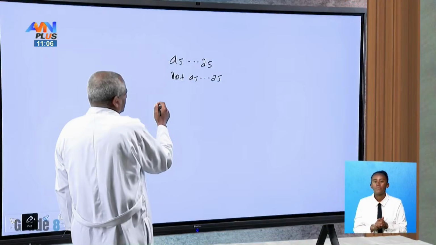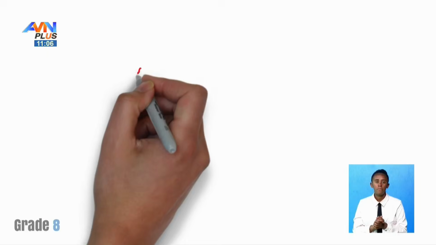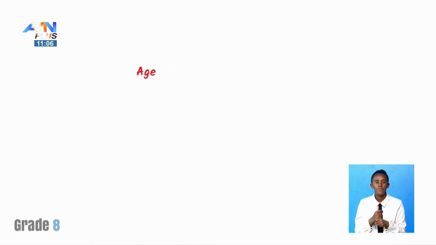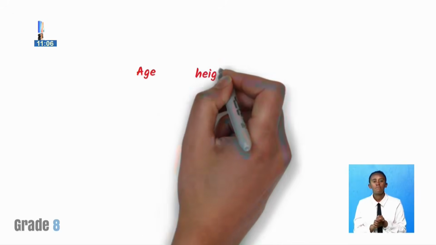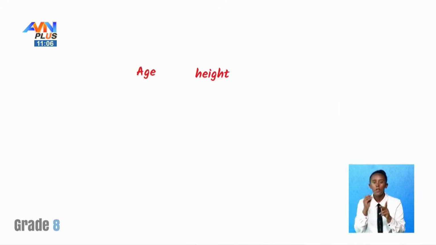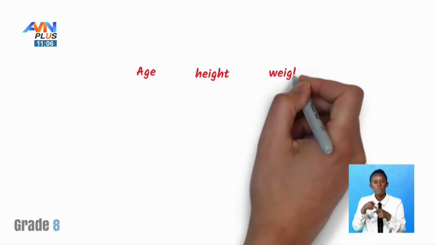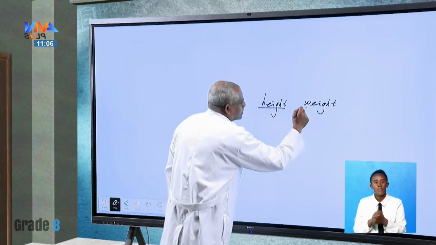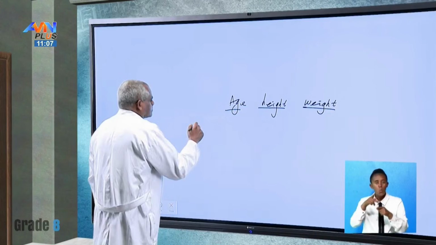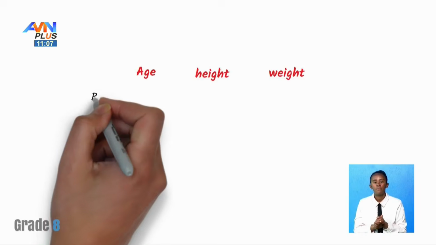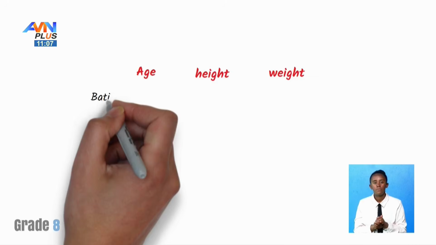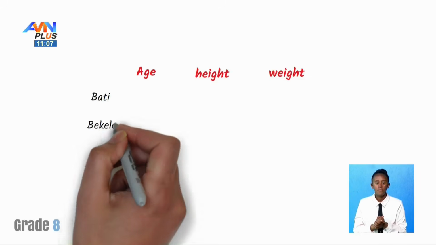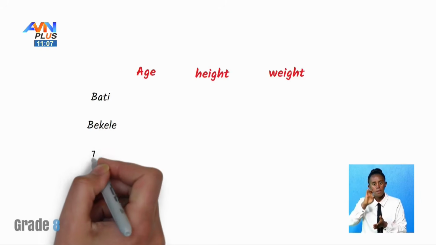Let's talk about age, height, and also weight. Age, height, weight. Bati, Bagala, and Tola.